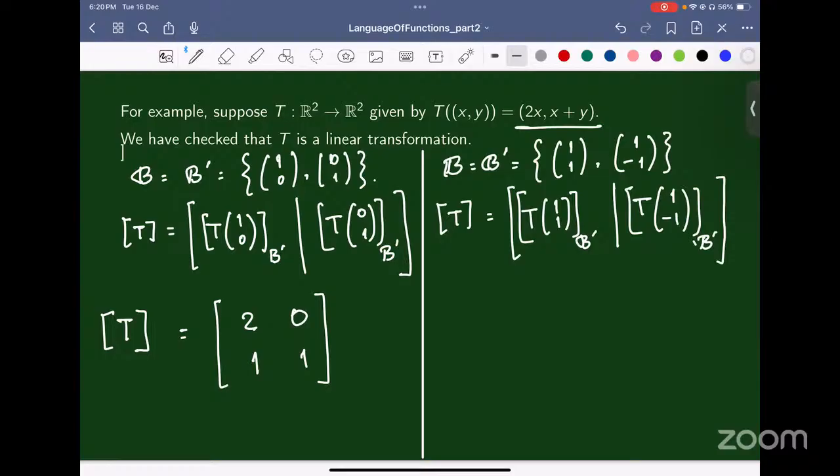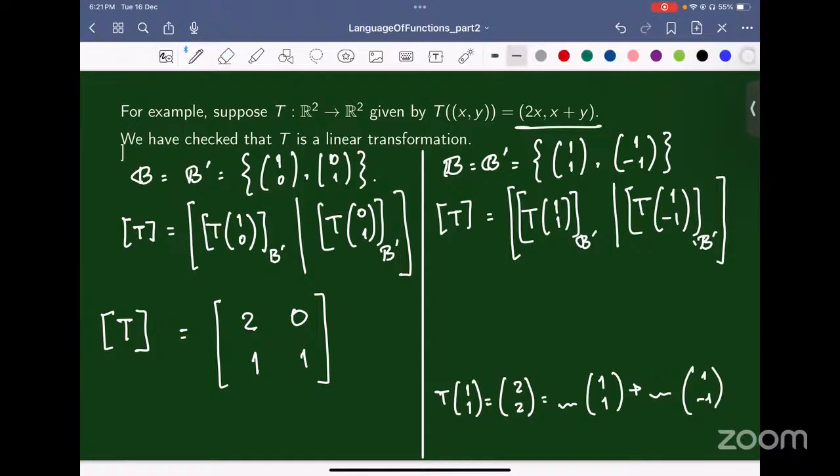Well, let's find out what these are. T of (1,1) is (2,2), and I can write this with what coefficients? If I put 1, 1, then that doesn't work.